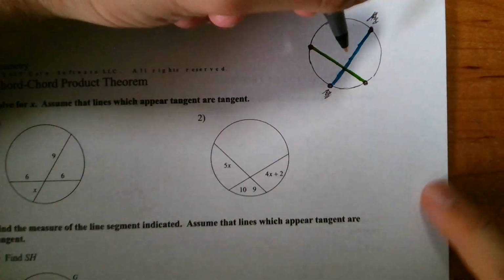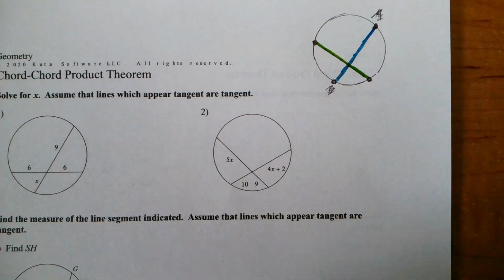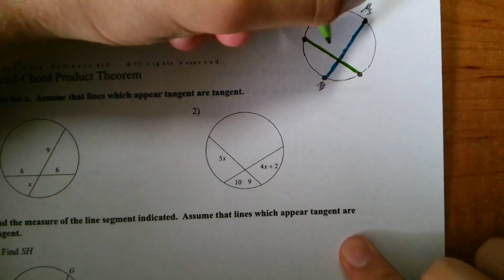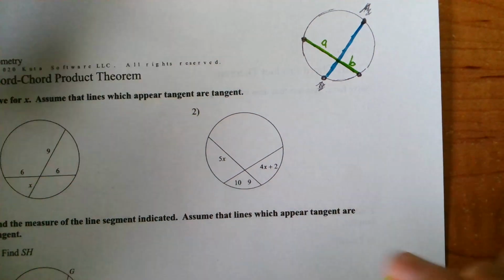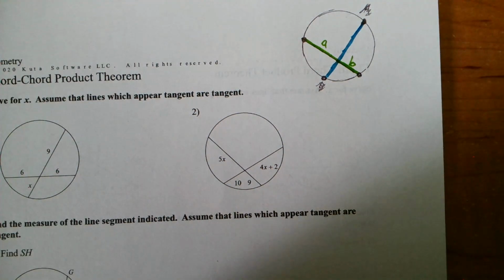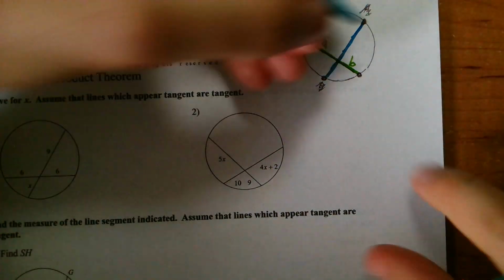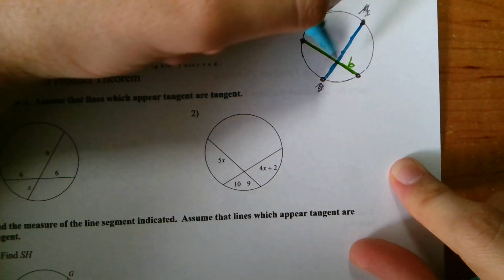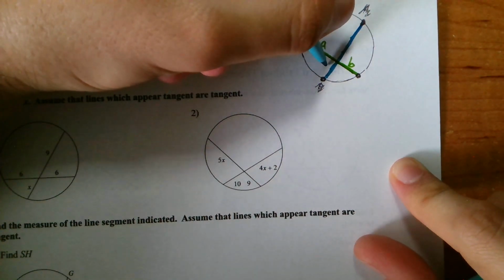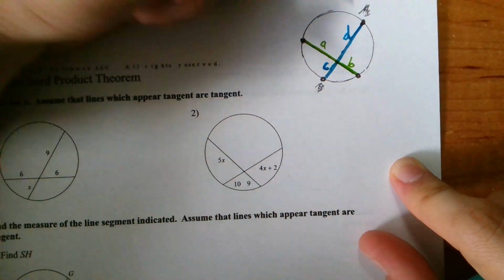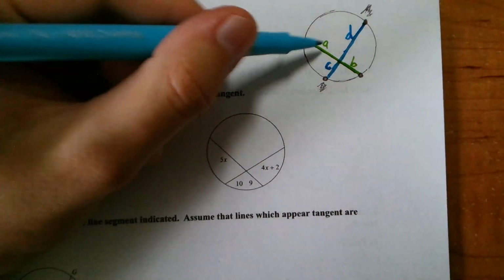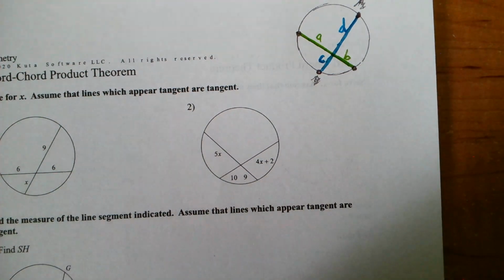Now let's label the parts of the green chord: A for the length of the longer part, and B for the length of the shorter part. And for the blue chord, let's call this part C, and the longer part of the blue chord is D. So we have A, B, and then C, D.